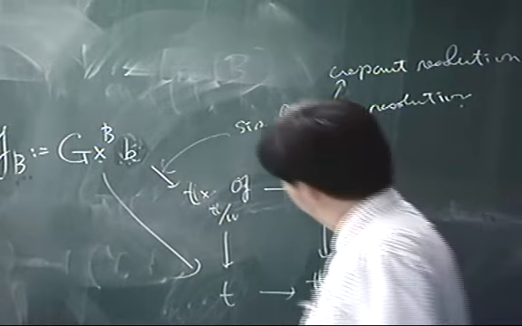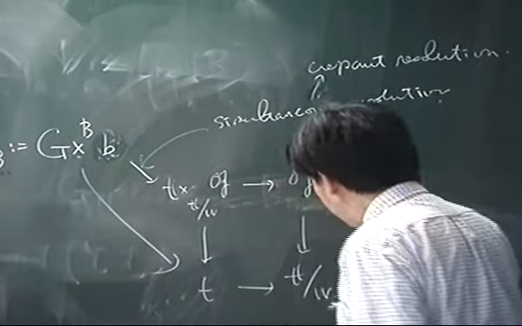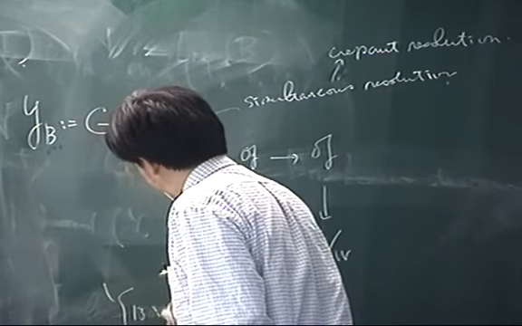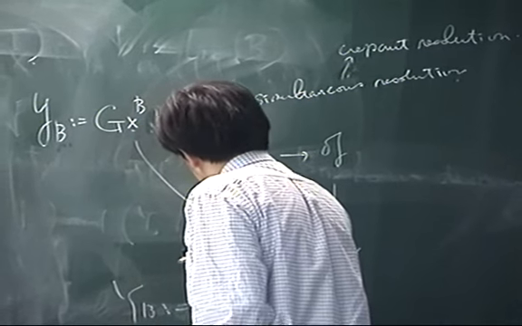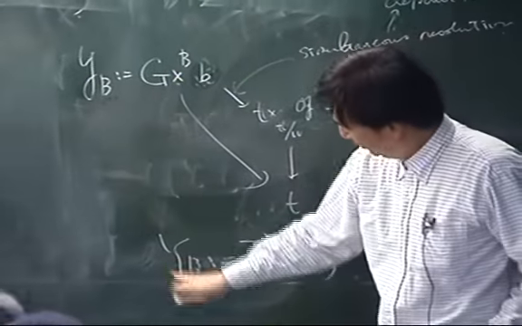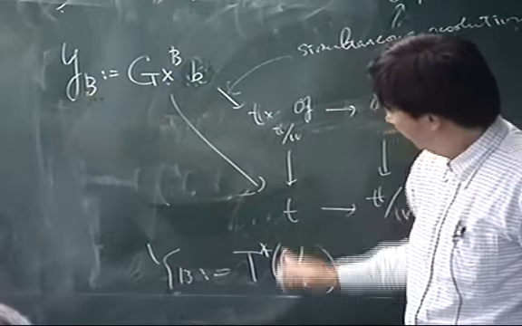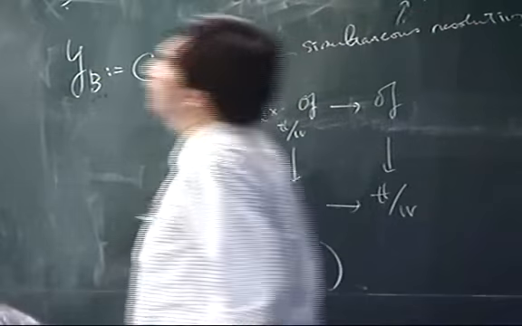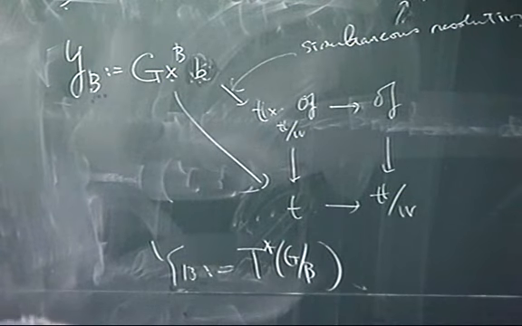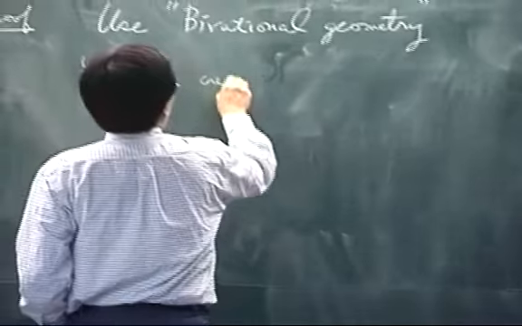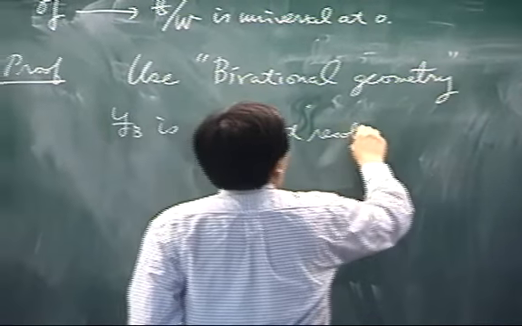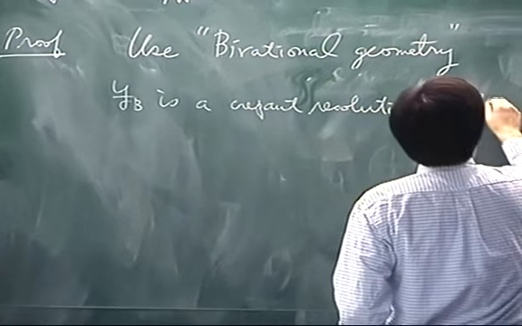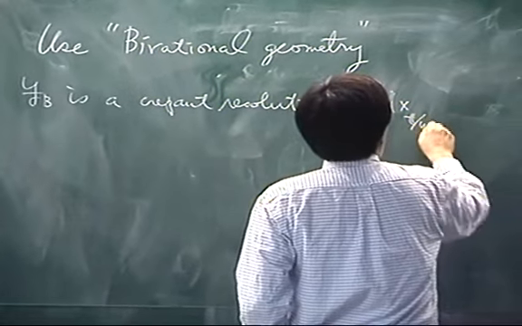Okay. And we call YB just the cotangent bundle. This is just the central fiber of this family. This is just YB. Okay. So first of all, YB is a crepant resolution of this family, this variety.